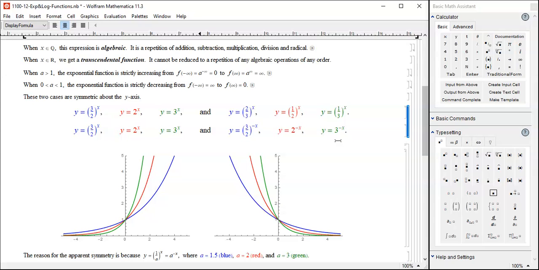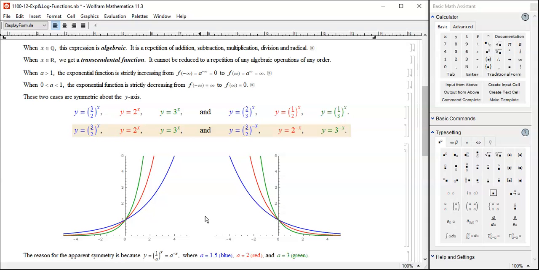But then again, the trade-off is we have to get negative x power. Now compare the left and right from the second line. Same bases, blue, red, green, but exponents are from x to negative x. Replaced x by negative x. So what kind of graph transformation is this? It's a reflection by the y-axis, and that's basically what we are looking at right here.